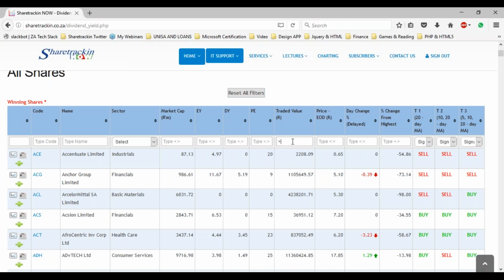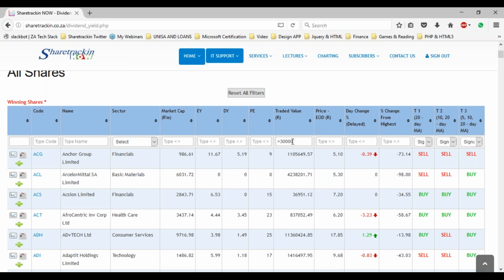Now, if you've got 10,000 Rand and you only want to buy 1 share at this point in time, obviously you're only going to look for shares that are trading above that rule of thumb that we just spoke about. Now, if you've got 10,000, it means that I'm looking for shares trading more than 30,000 Rand, right? Because we're looking at the rule of thumb. The rule of thumb said at least 3 times the amount that you want to invest needs to move through that share on a daily basis.